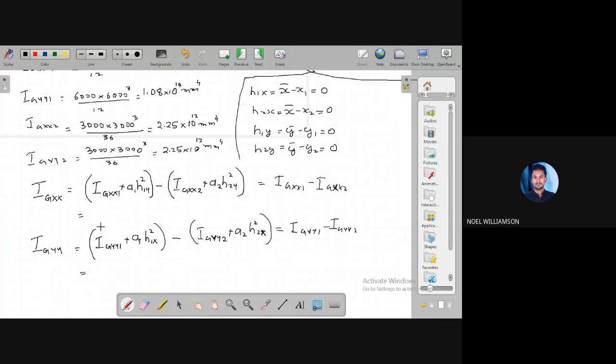Right answer, IgXX is equal to 1.0575 into 10 raised to 14 mm raised to 4. Both the values are same.